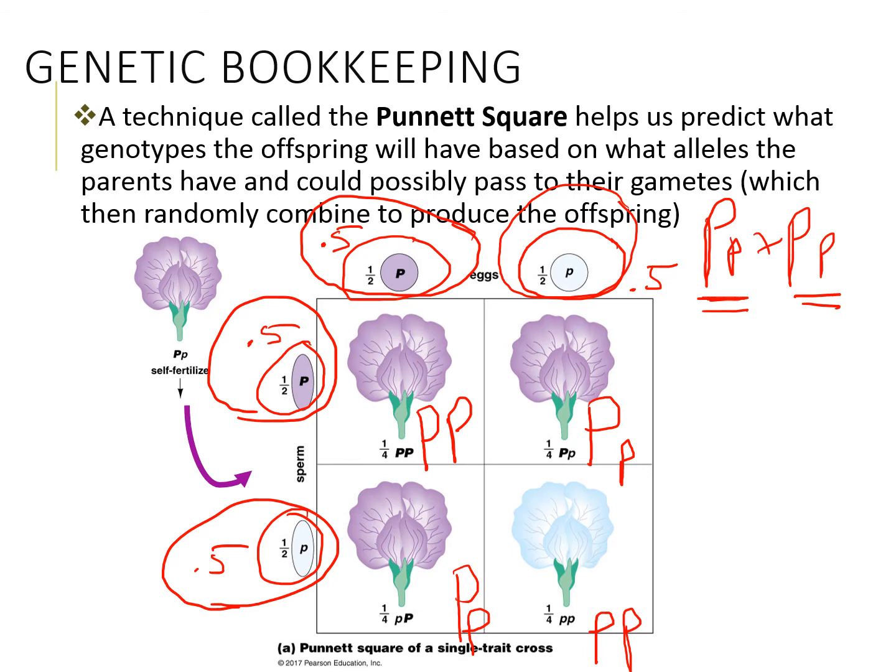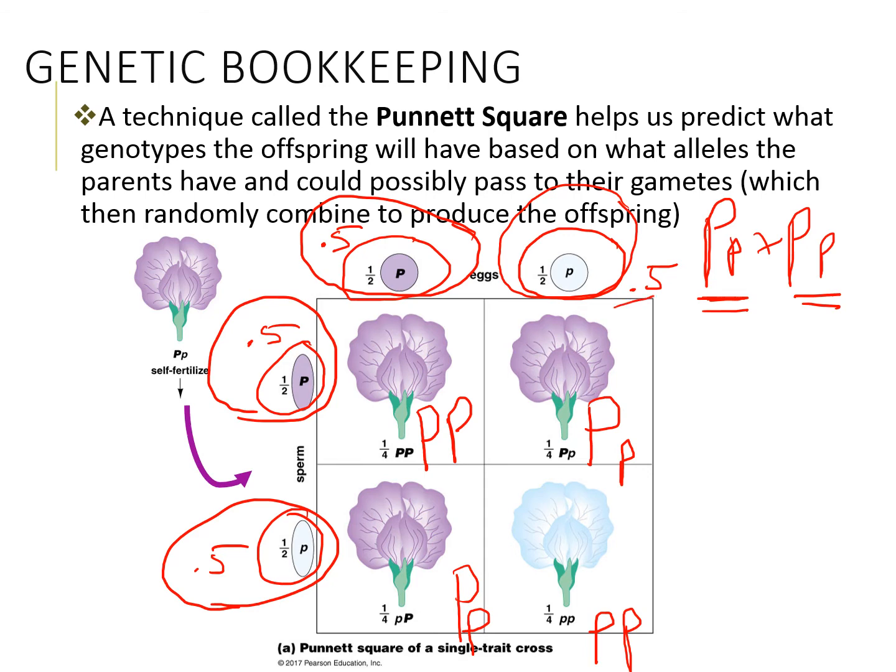So we can now see that about a quarter of the time, both parents give a little p, or rather we could say both parents produce a gamete that leads to fertilization that has a little p. So 25% of the time, we'll have little p, little p. Let's go back to those numbers, 0.5 and 0.5.